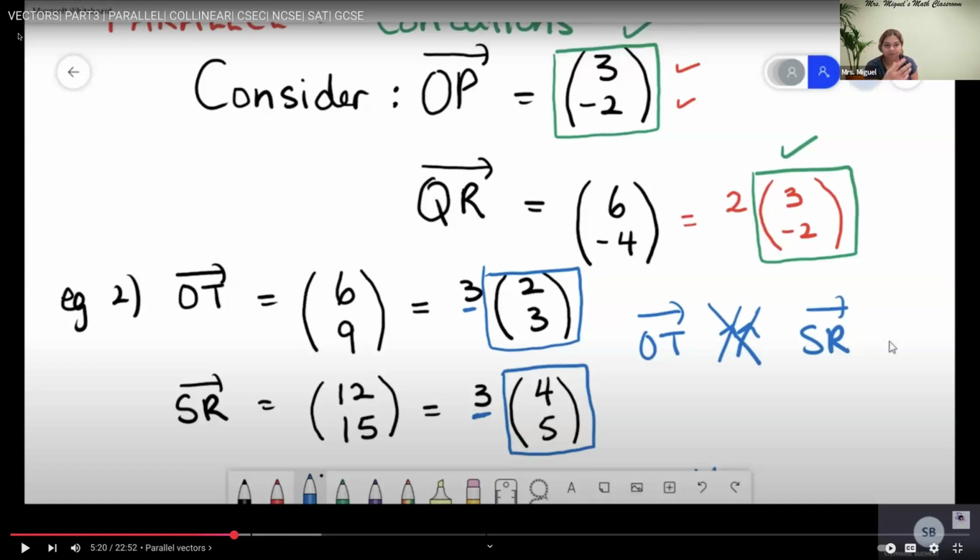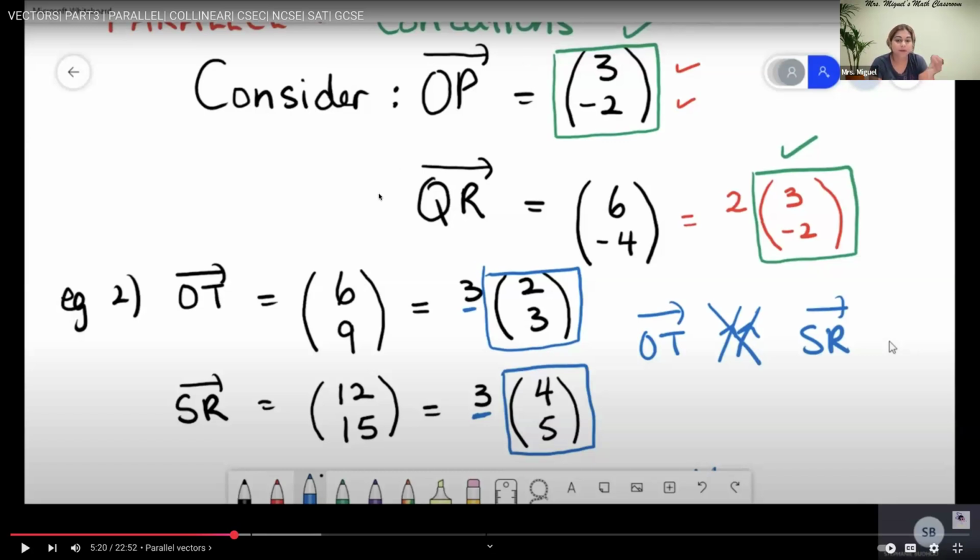So for example, to get a vector that is parallel to OT, we could simply have 4, open bracket, 2, 3. We could have negative 5, open bracket, negative 2, 3. We could have a quarter, open bracket, 2, 3. So whatever is contained in the bracket must be identical for the two vectors to be parallel. The number on the outside could be anything. And that is one concept that we need to remember.